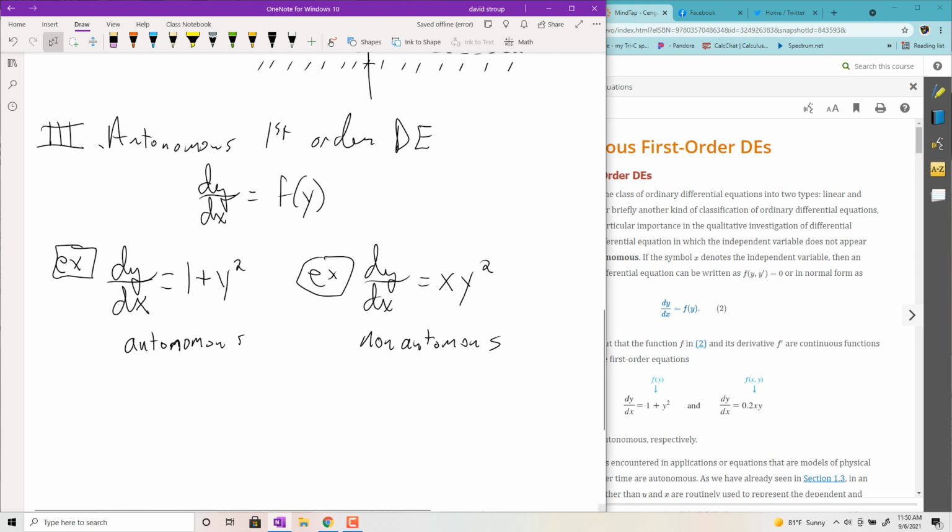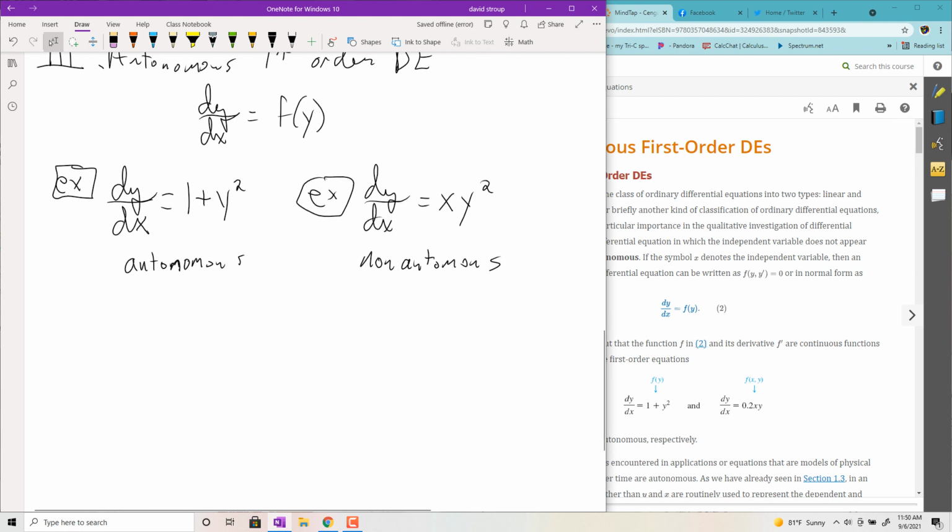So you're usually assuming that we're on some interval of definition, and for this part, we're assuming that f and f prime are continuous, which is the criteria for having a unique solution, okay, from previous sections. So let me just note that here in this section, we are assuming f and f prime are continuous on some interval.